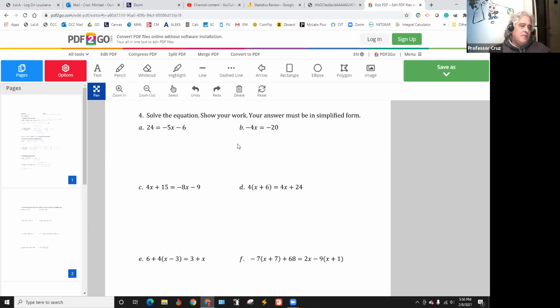And then once everything is variables, term on one side and number on the other side, then you divide by that number in front of the x.